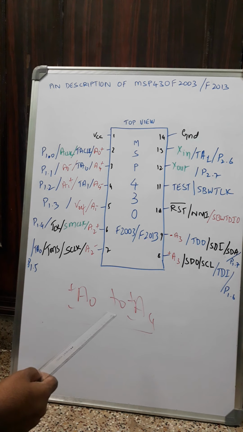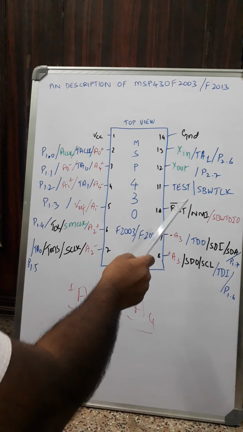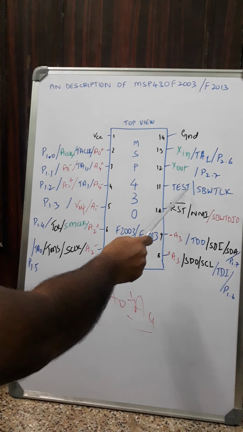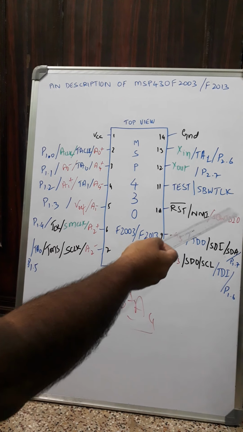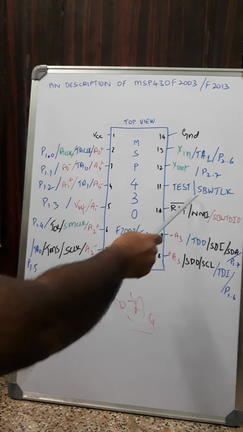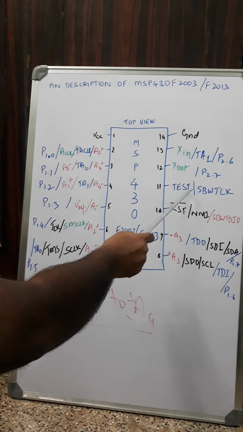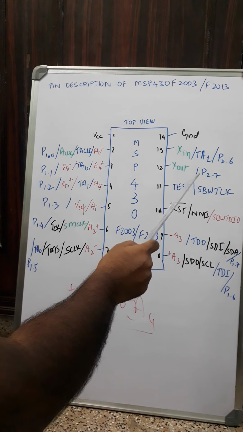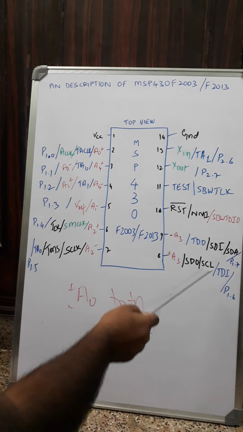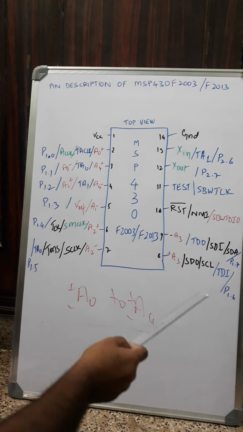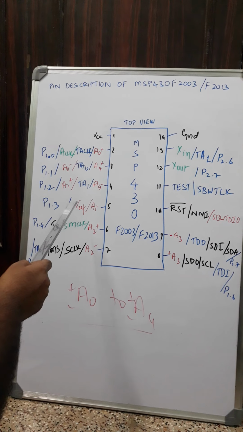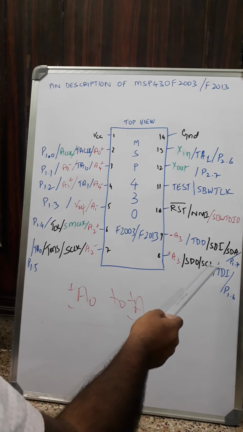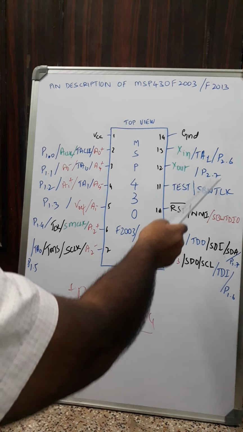Then there are other signals such as test. This signal is also related to JTAG to initialize the test operation. This is an optional kind of signal. Then related to JTAG, you need a TCK, that is the clock of JTAG.